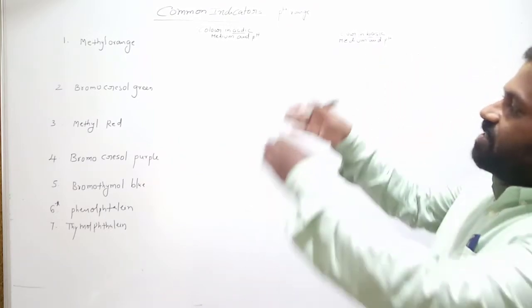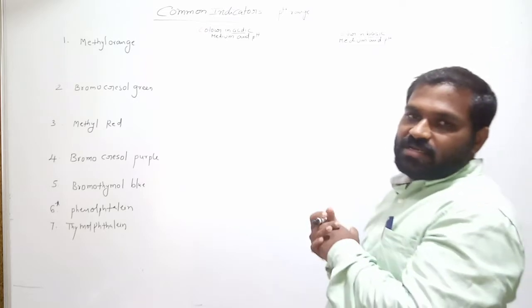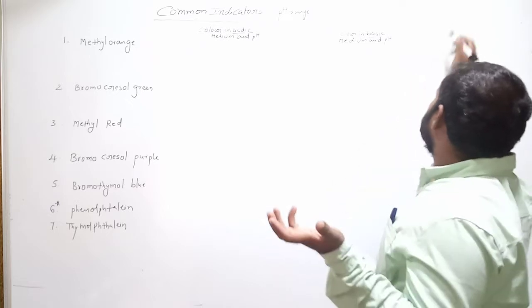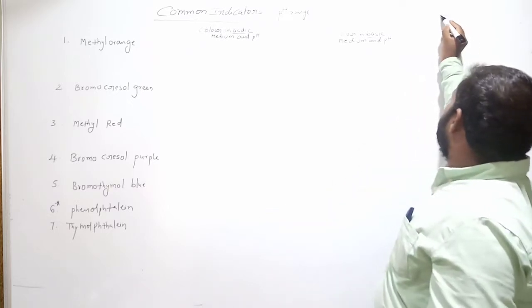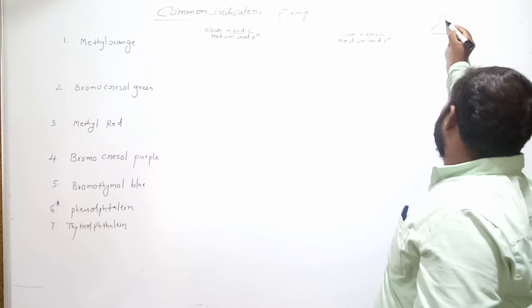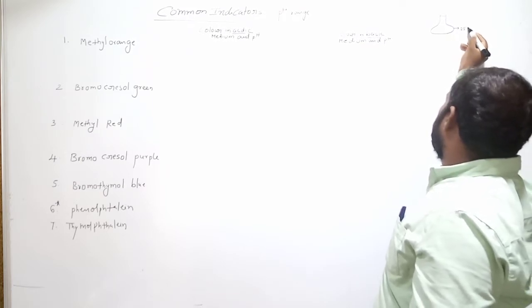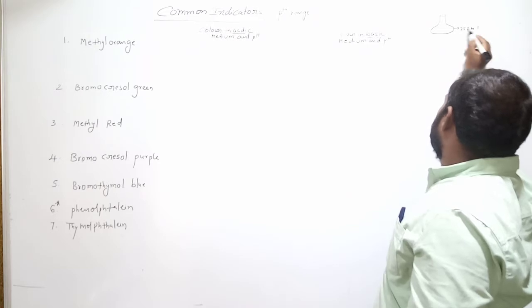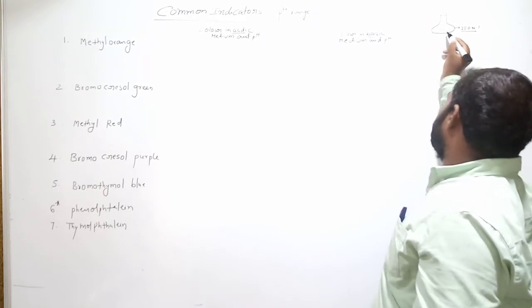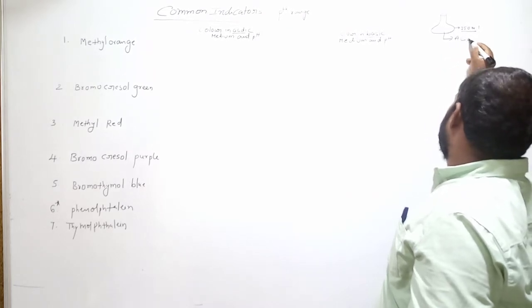Now suppose we take a conical flask like this. This is the conical flask, nearly 250 ml capacity. Suppose it has acid.